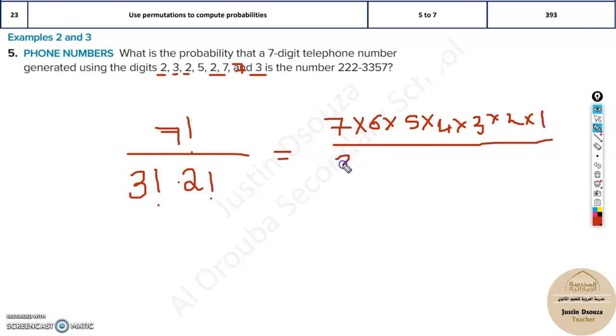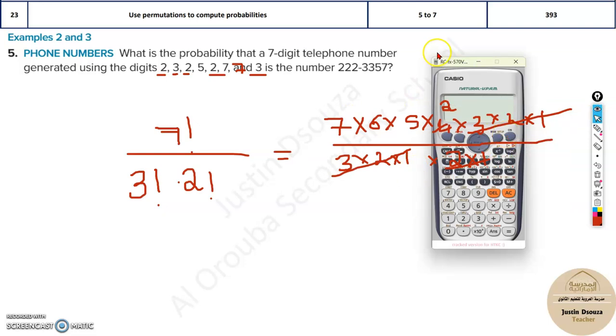Now over here, 3 factorial will be 3 into 2 into 1, multiplied with 2 factorial, that's 2 into 1. You can skip writing 1, but just for your understanding, I've written it over here. 3, 2, 1 cancels over here. 2 cancels with 2 over here. You can put this in the calculator and solve it. You will get the answer.